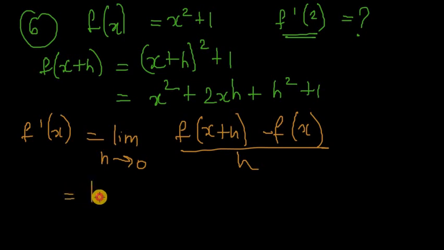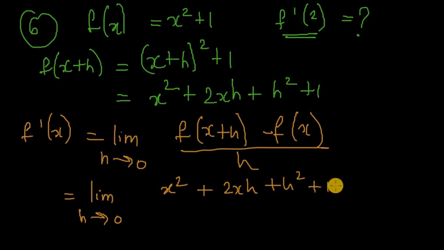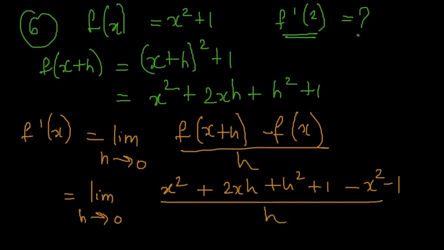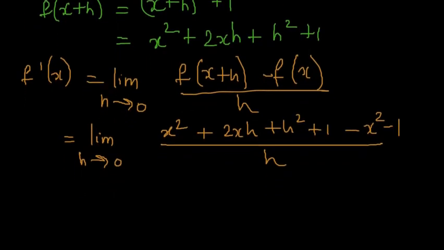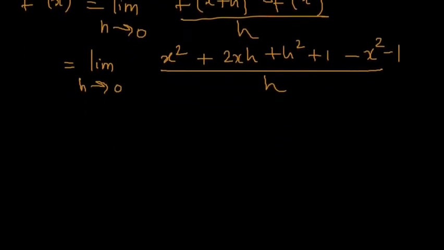So this is limit h tending to 0, x squared plus 2xh plus h squared plus 1 minus x squared minus 1, because we have a minus over here, that will be minus x squared minus 1, whole thing divided by h. Simplify further and try to eliminate the letter h.